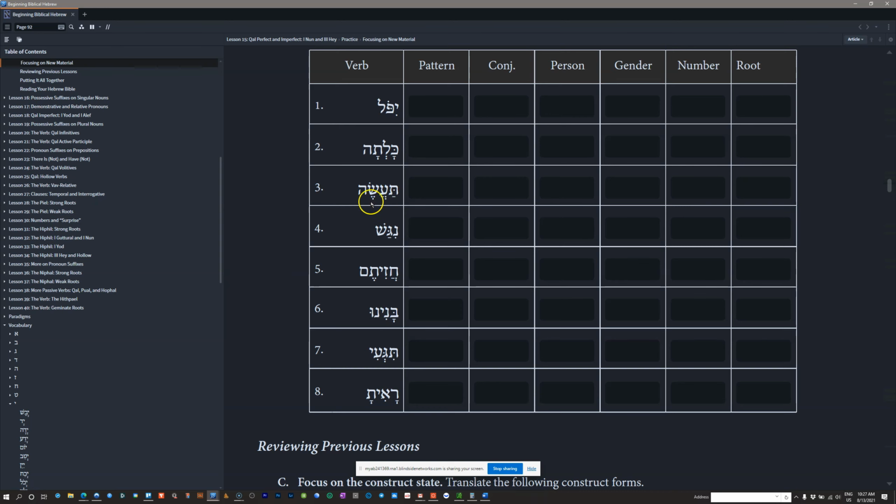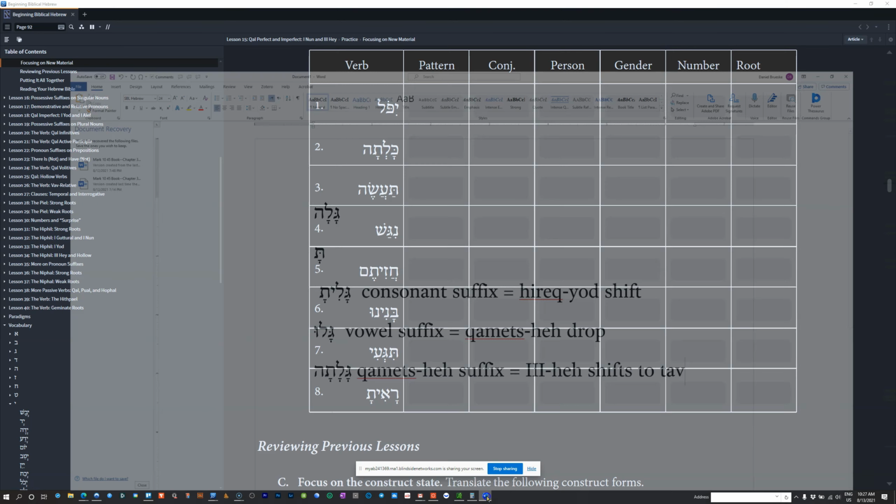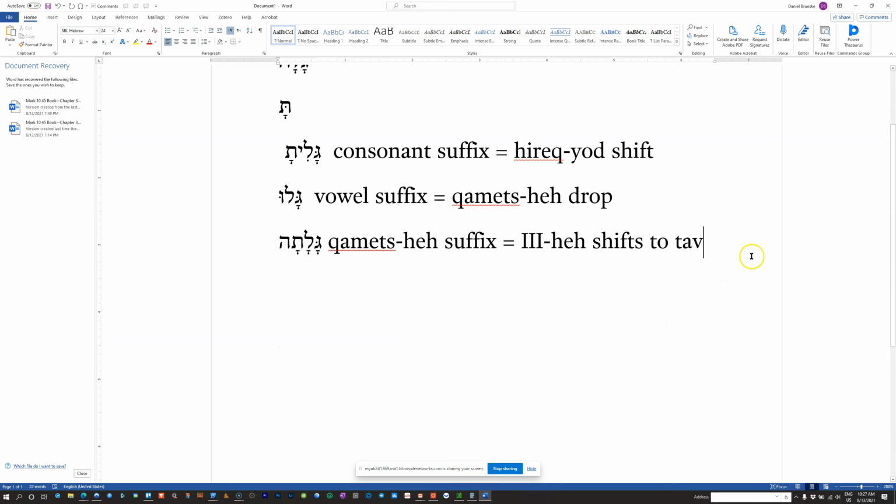But what about the segol? We still don't understand the segol. If this is a third hey, why do we have a segol here? All right, we will eventually build a table of third hey endings. And I'm just going to start off here. So let's do it this way.